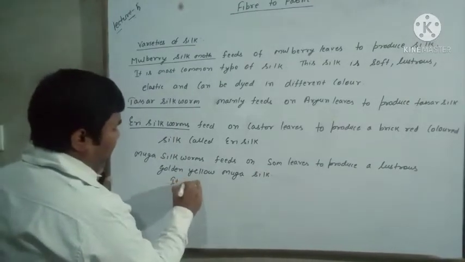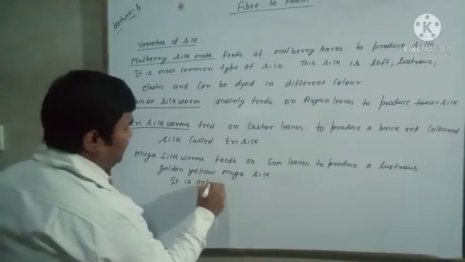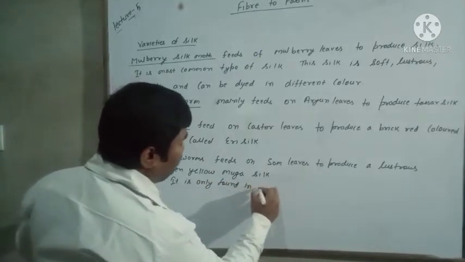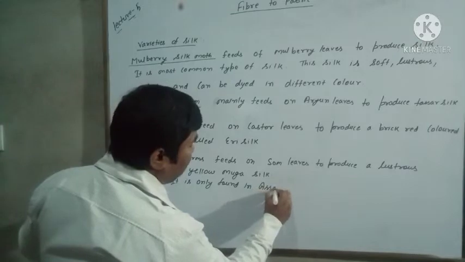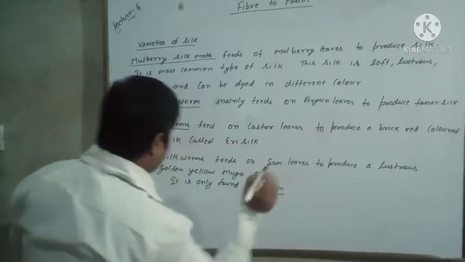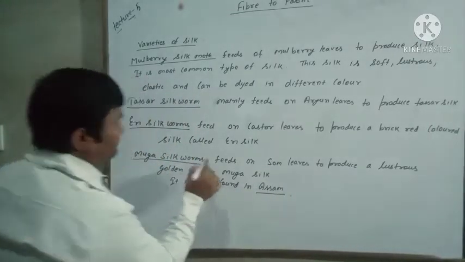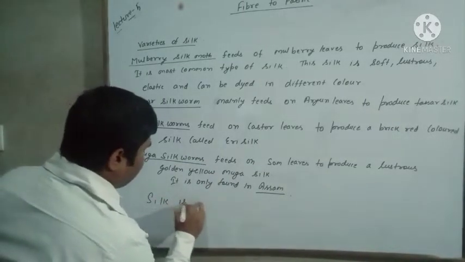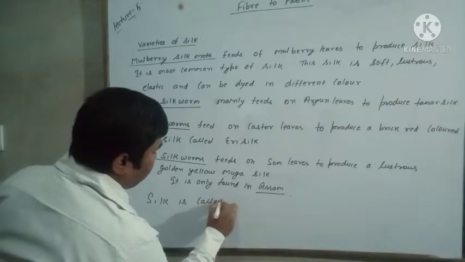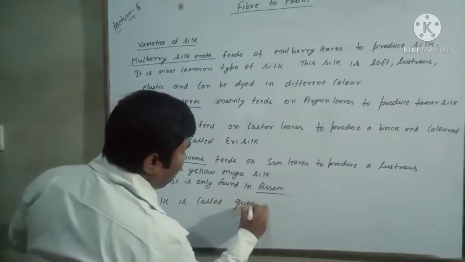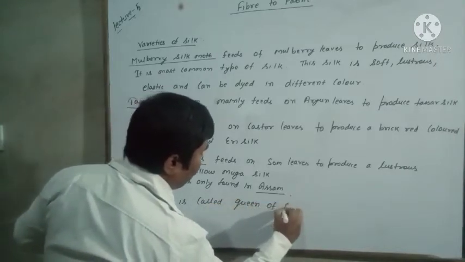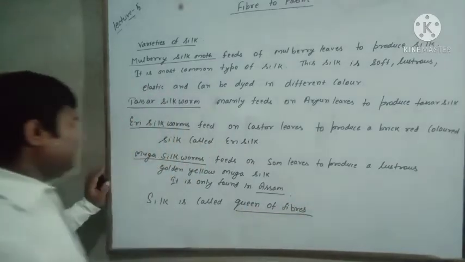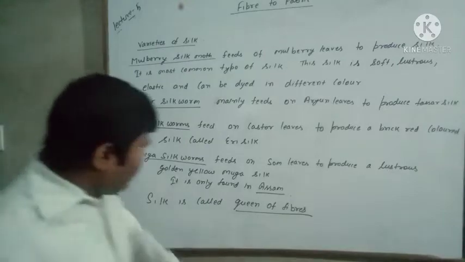It is found only in Assam. असम. ये सिर्फ असम में पाया जाता है. Silk is called the queen of fibers. Silk is called queen of fibers.